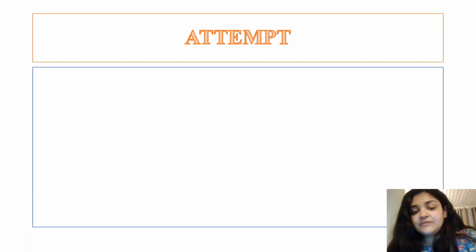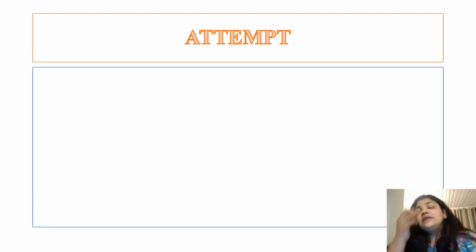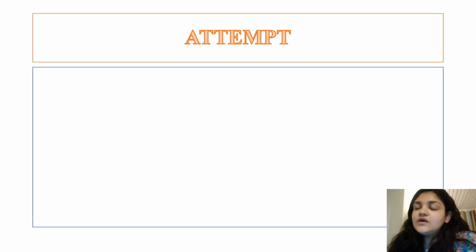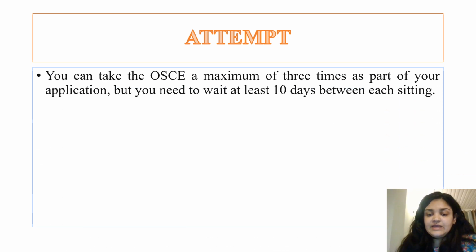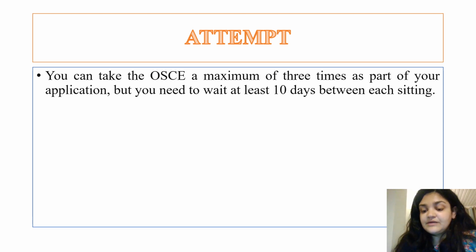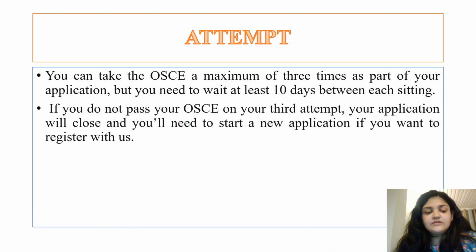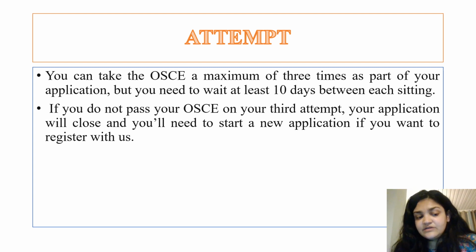Then, how many attempts do we have? We have a total of 3 attempts in one application. If we fail in our first attempt, the gap before the second attempt should be at least 10 days. If we don't pass even on our third attempt, our application for NMC registration will get closed.